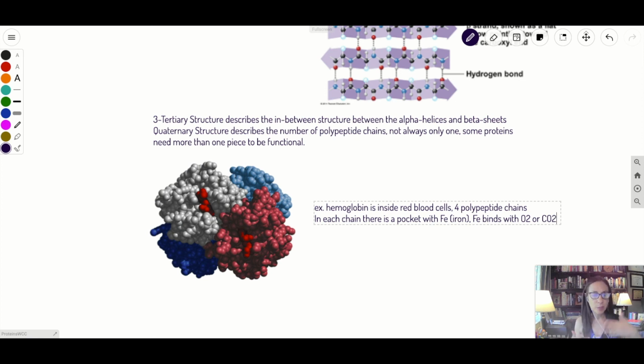Then it goes back to your lungs and you exhale the waste. You inhale the oxygen, it goes to a hemoglobin, and each hemoglobin can hold 4. Then the hemoglobin goes to your cell, drops off the oxygen, picks up the carbon dioxide, and comes back to the lungs over and over and over. That is the function of a hemoglobin protein.